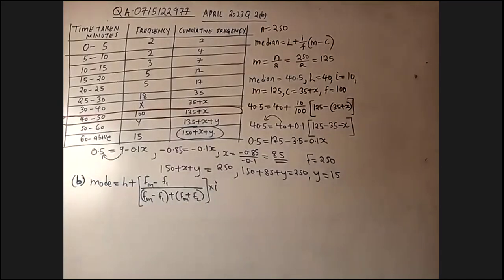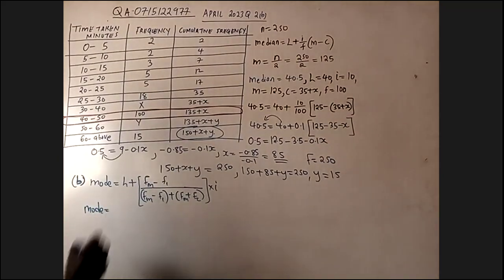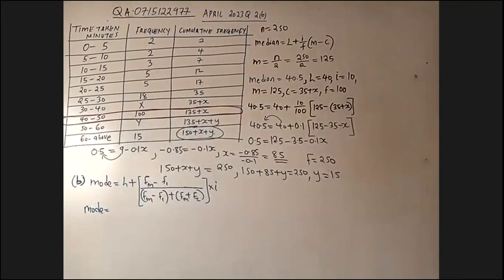Do you remember that formula? Now, using the formula, you need to get the values. What is the value for the mode in the question?